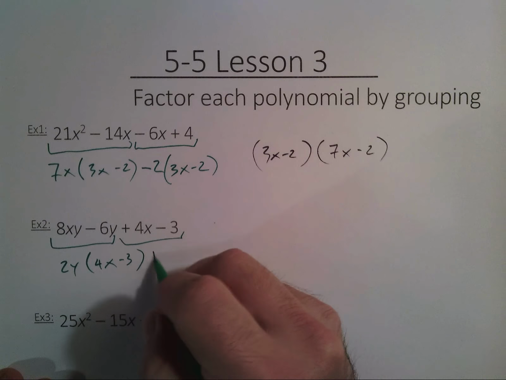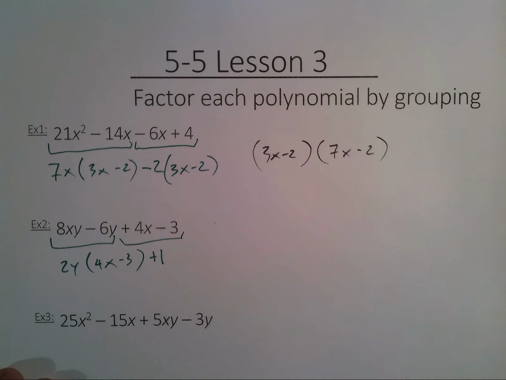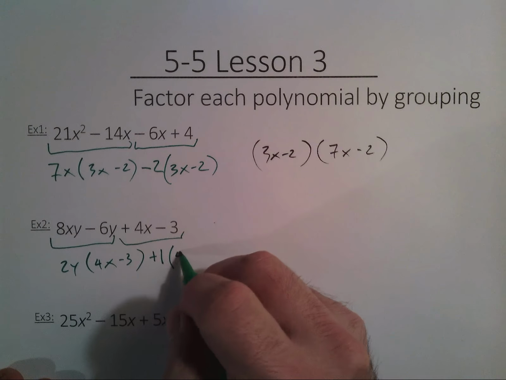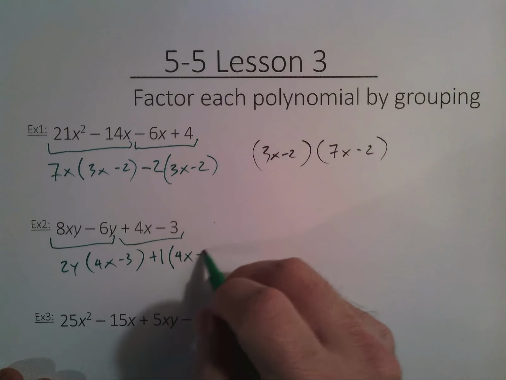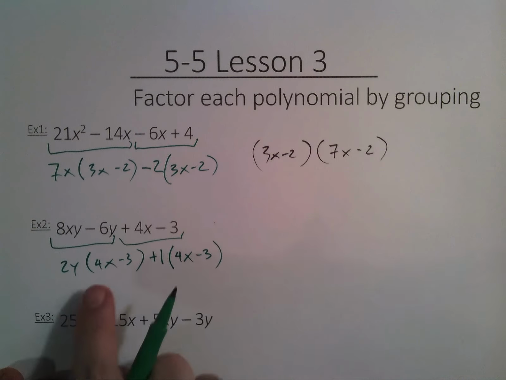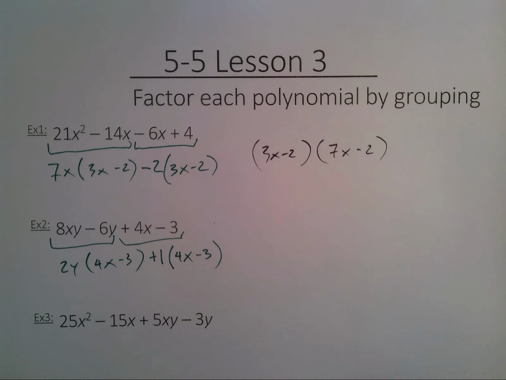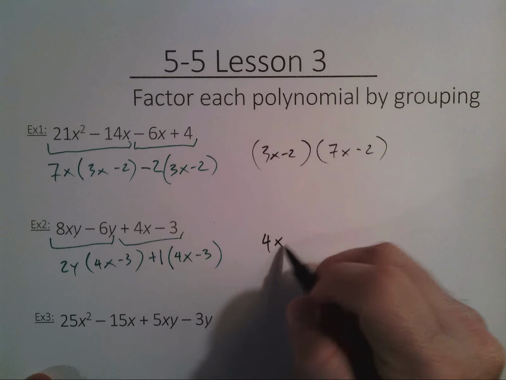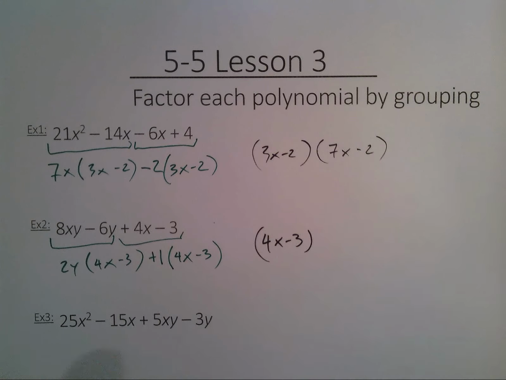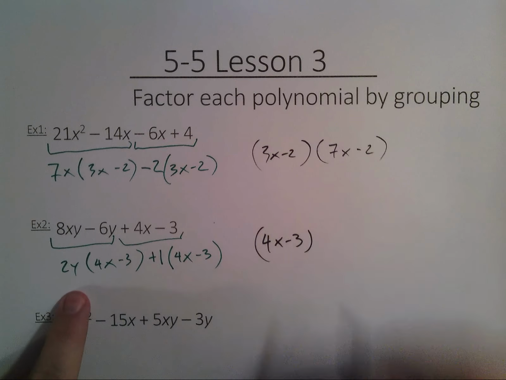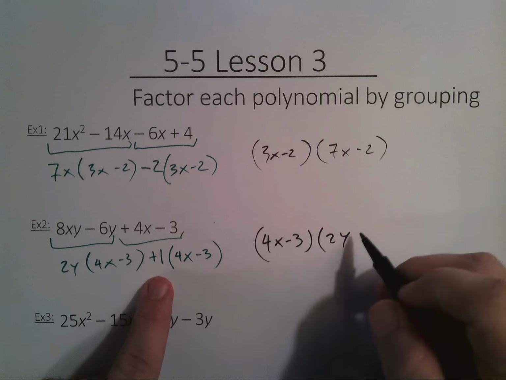So I'm actually going to factor out the 1 so I can see what's going on. If I factor out a 1, I'm not changing anything. In other words, I'm leaving behind the 4x minus 3. Oh look, I have 4x minus 3 and 4x minus 3. So just like before, I'm able to factor that binomial out, leaving behind 2y plus 1.